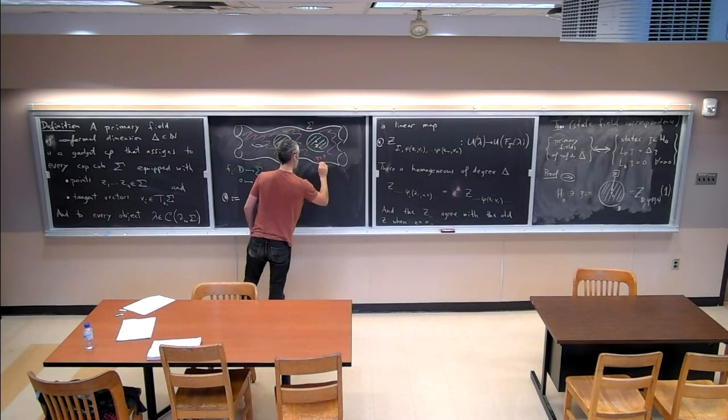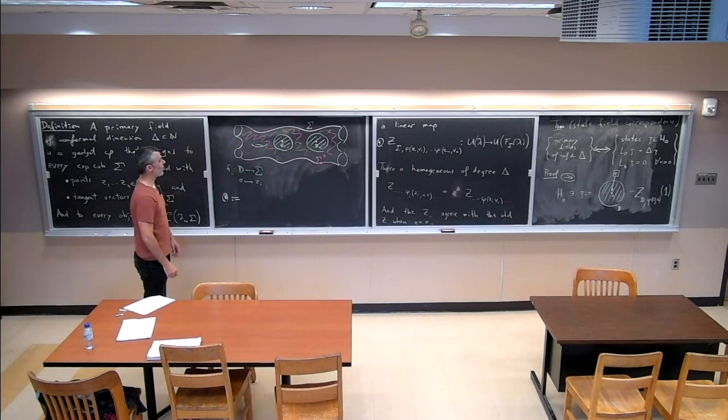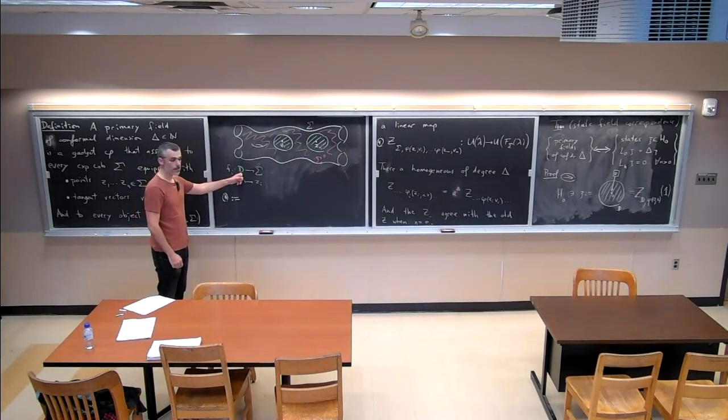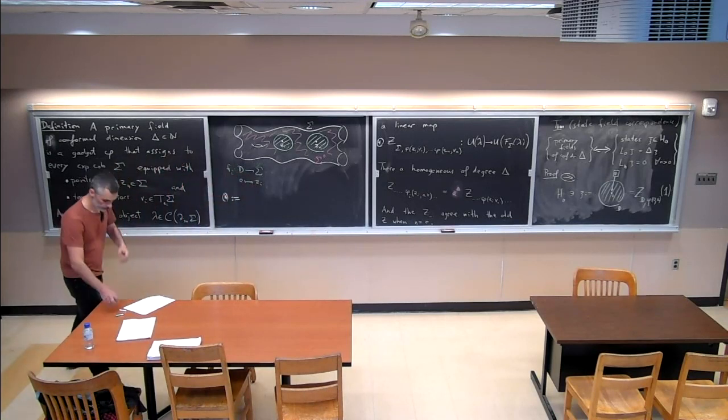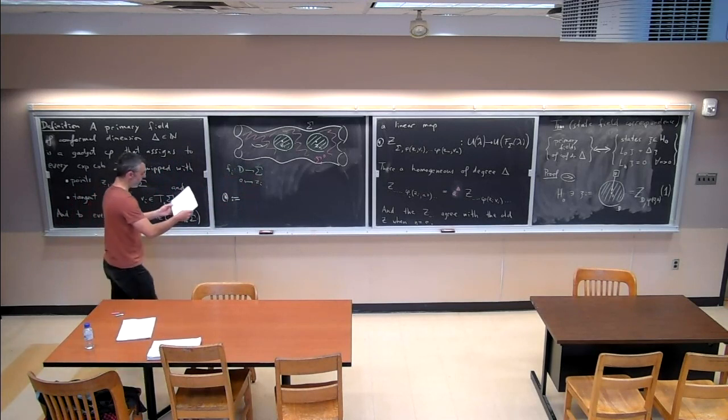So sigma 0 is sigma minus the image of the interior of the disks under Fi.